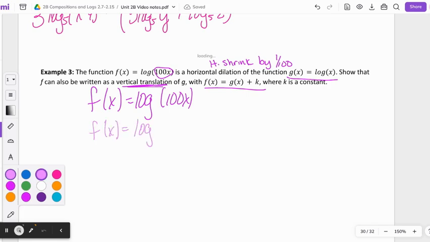Because we have log of a product, we can break it up into the sum of the two logs. And let's recognize here that log 100 is really base 10. So 10 to what power is 100? That's 2.